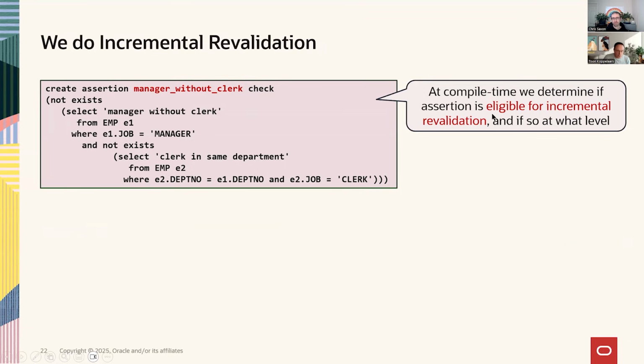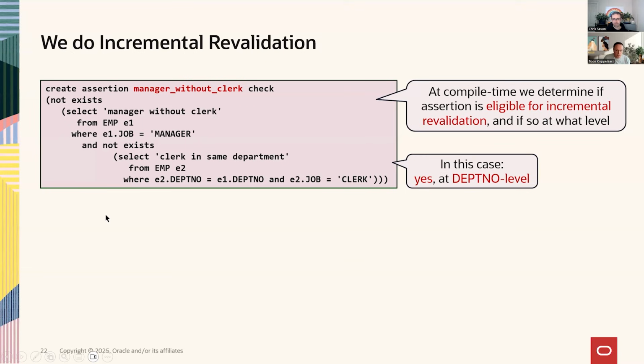Next to determining those five events, at compile time we also determine if the assertion is eligible for incremental revalidation. In our parser we have some smart code that looks for whether we can do this in an incremental manner or not, and in this case, the answer is yes.